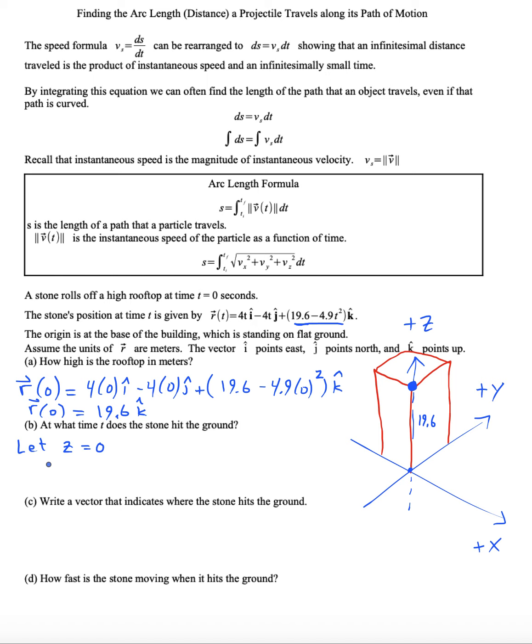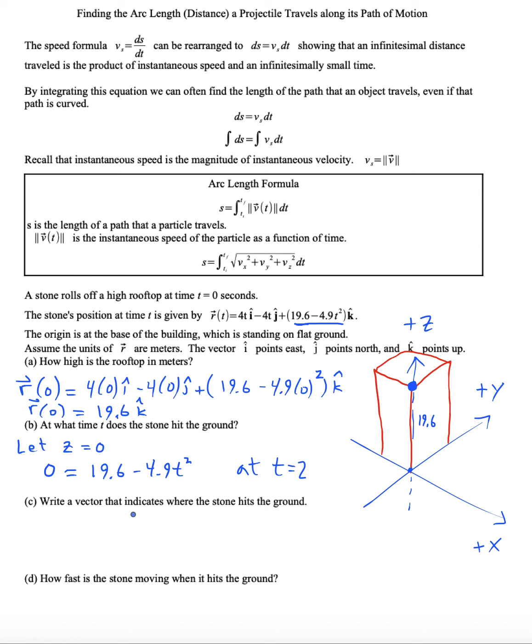We just need to make sure that 0 is equal to 19.6 minus 4.9 t squared. Okay, let our third component be 0. Then we know we're on the ground. So just go ahead and solve that. It happens at t equals 2 seconds.